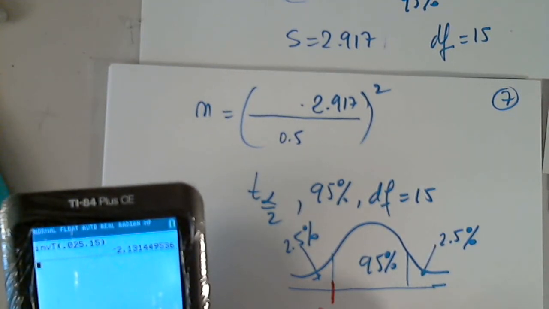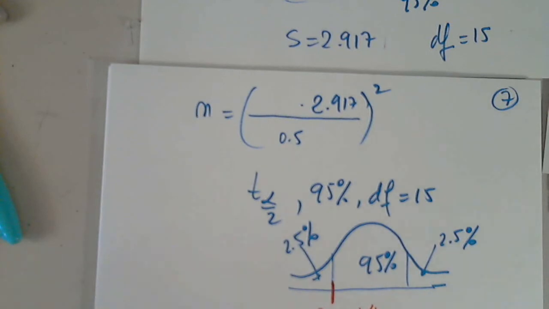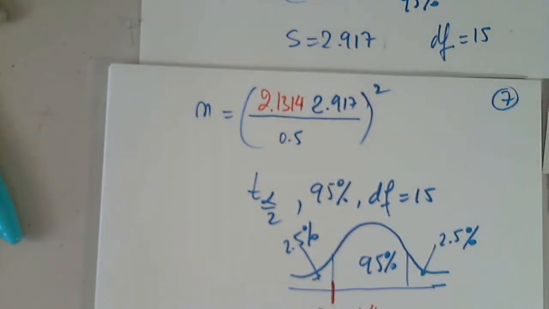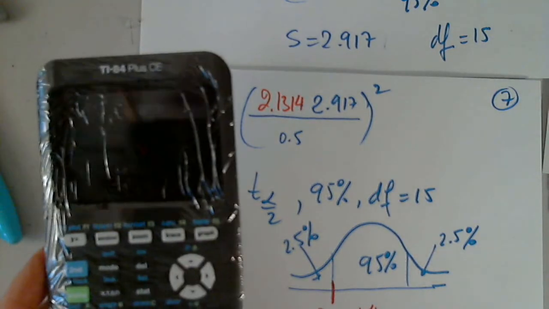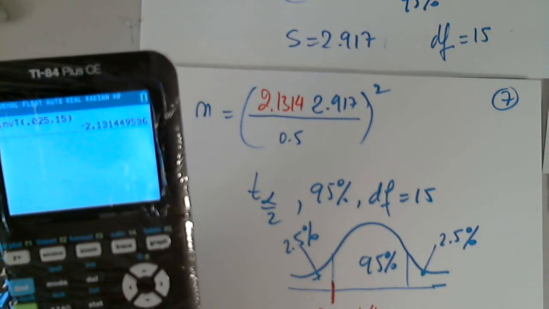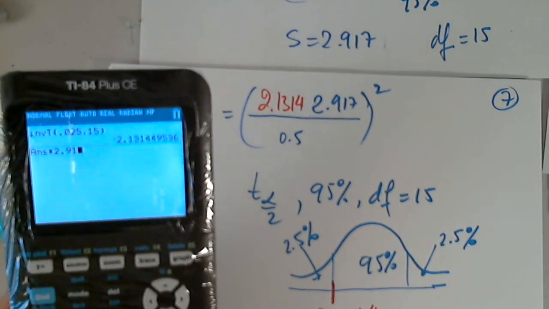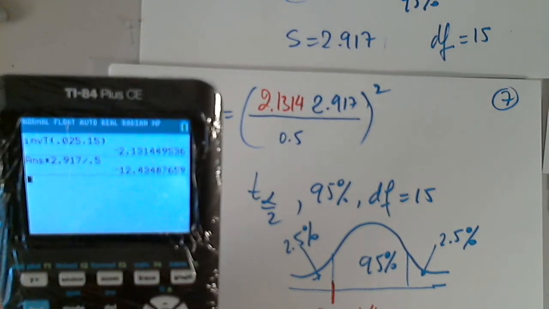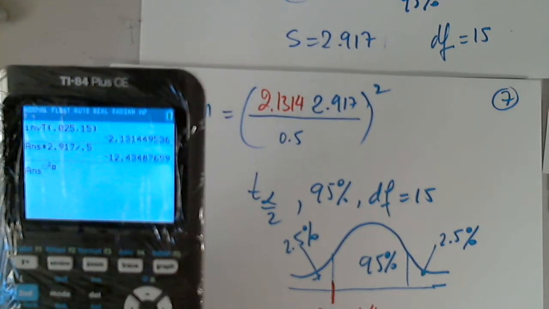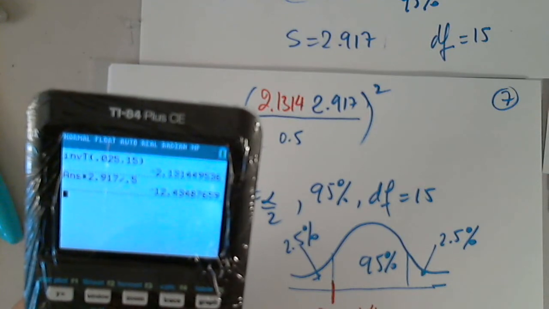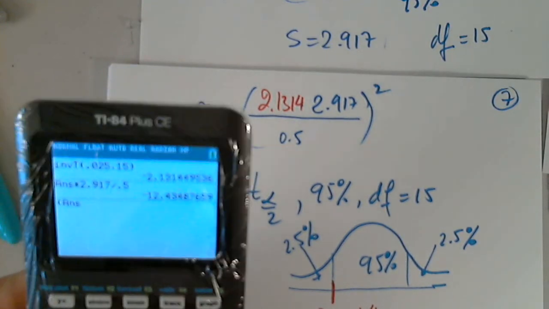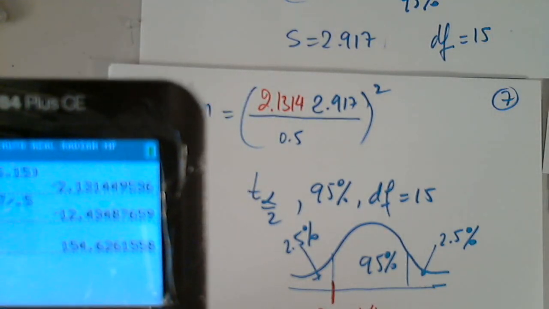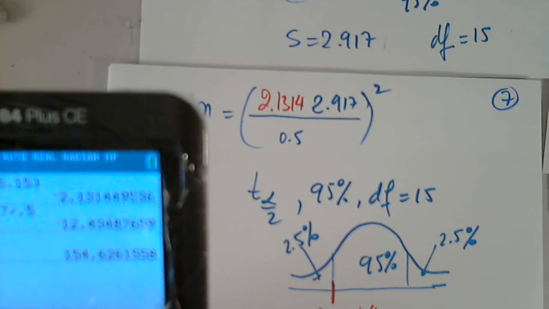Negative 2.1314. Good. So that's what I'm going to put in: 2.1314. I multiply this by 2.917, I divide the answer by 0.5, and I square the answer, putting the previous answer in parentheses and squaring it. 154.6, and I have to say 155.